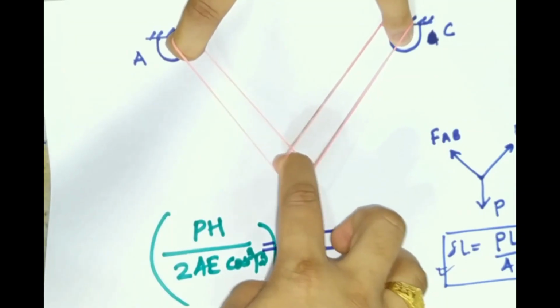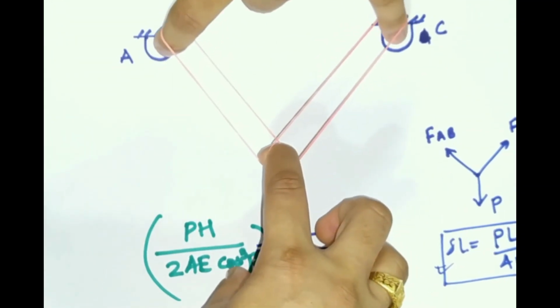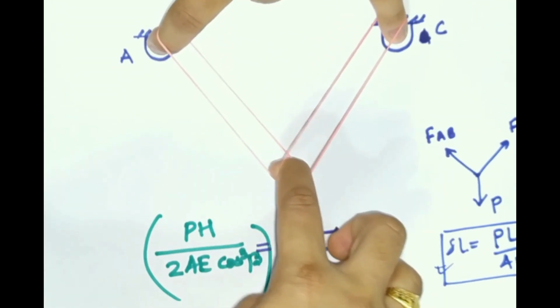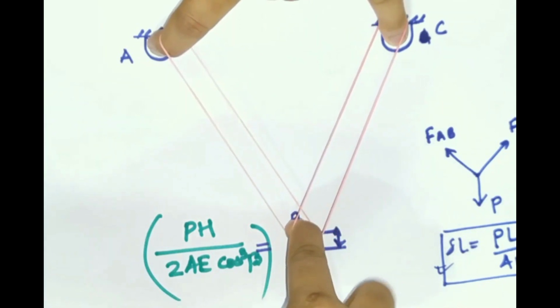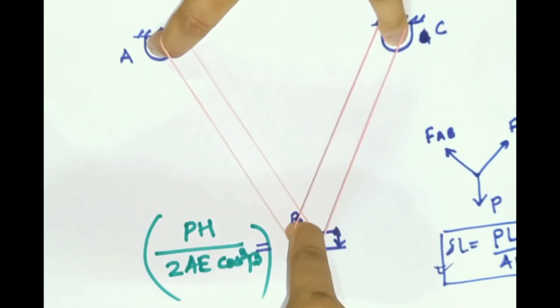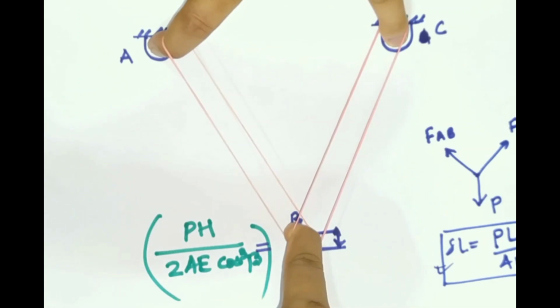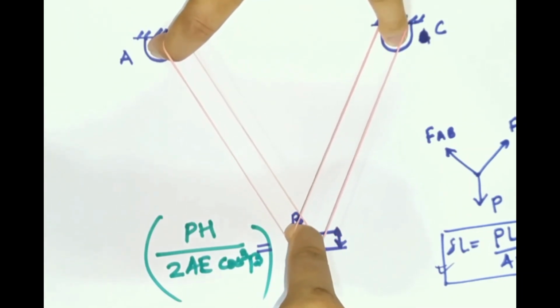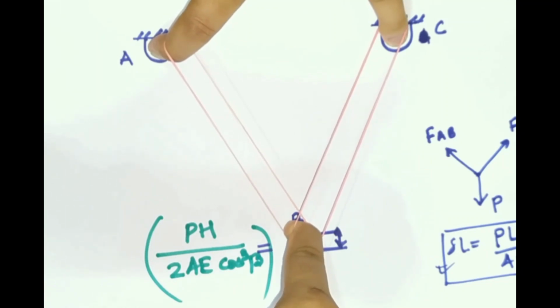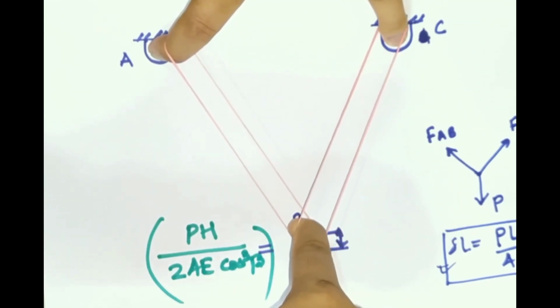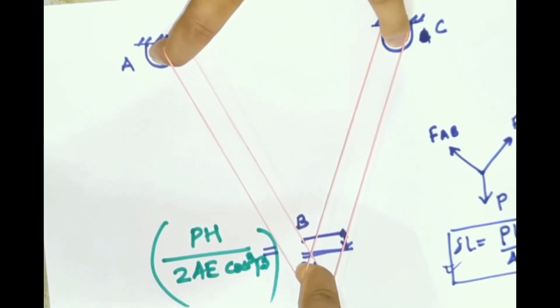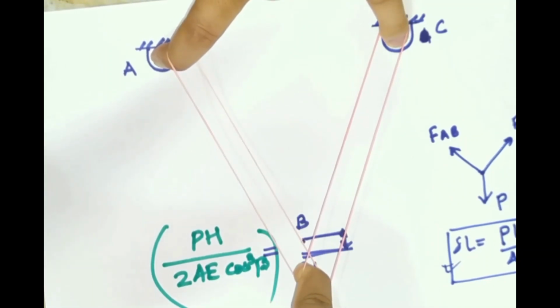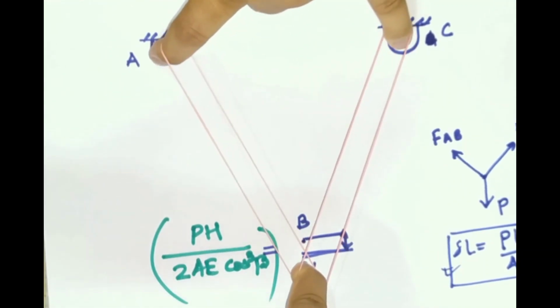Let us understand this problem practically. So here if you see, initially we had this link AB and BC. When a load P is acting on it at the joint B, it will elongate and come to point B dash.